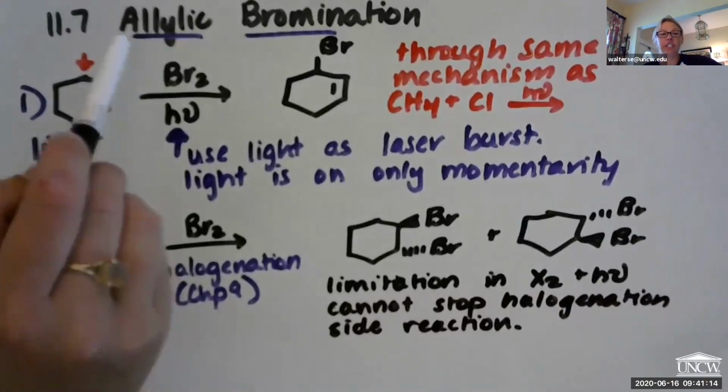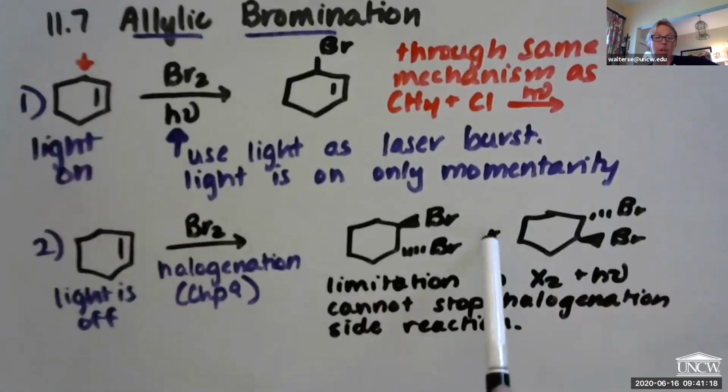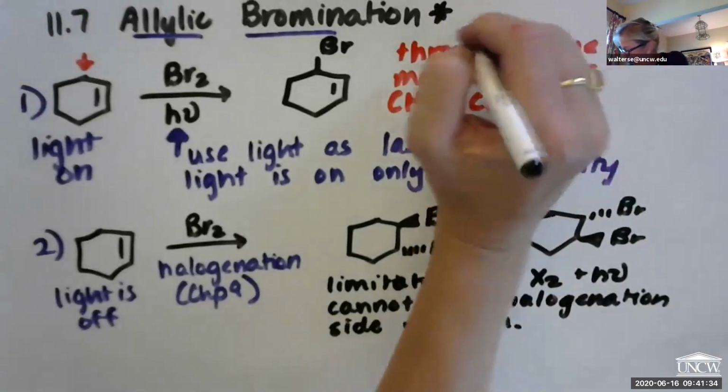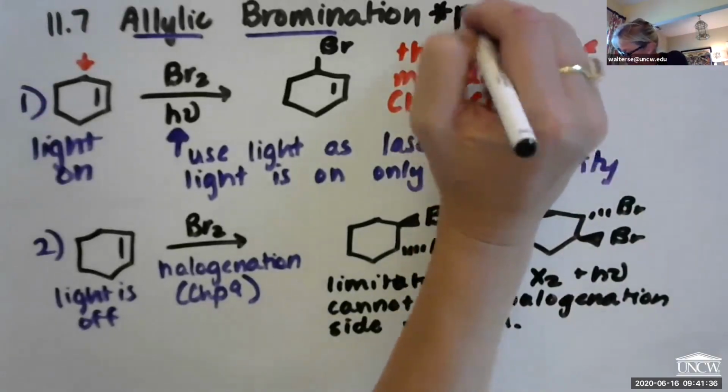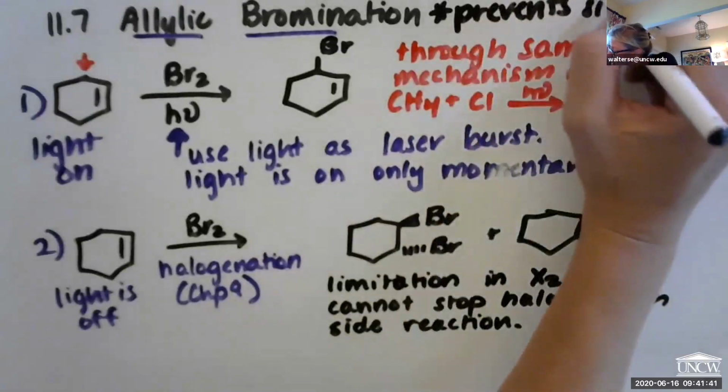So the conditions of the allylic bromination stop the second competing reaction, this halogenation reaction, from occurring. So what we're going to look at is a specific allylic bromination step that prevents side reactions.